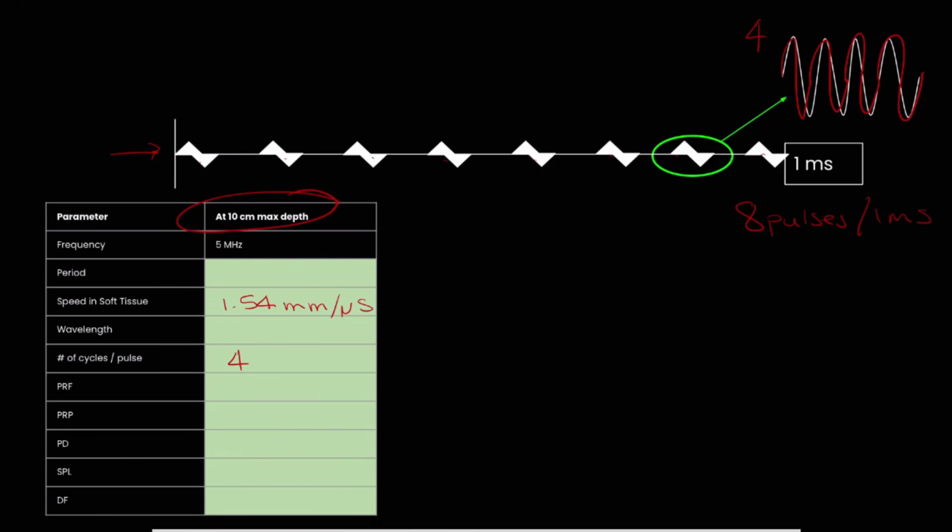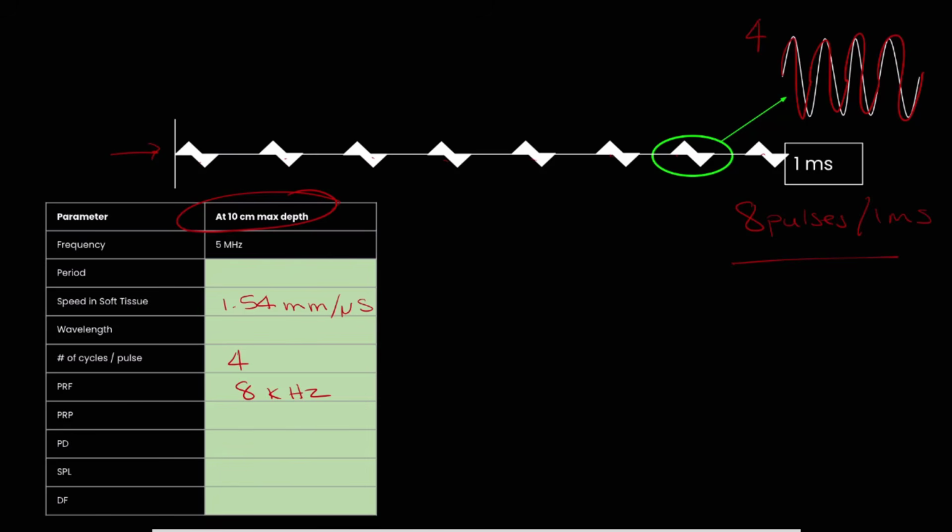We know that PRF is the number of pulses per second, and in this case we already counted that. We got 8 pulses per 1 microsecond, which is the same as 8 kilohertz. So that's about all we can fill out just by looking at things. Let's start with period and work our way down with the calculations using the formulas that we've learned.